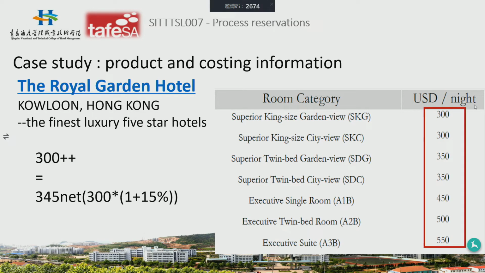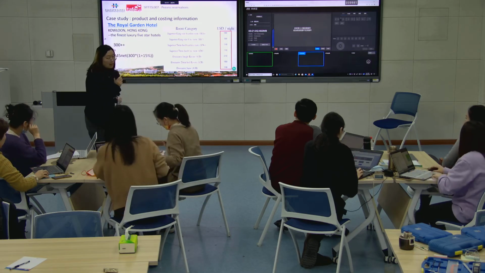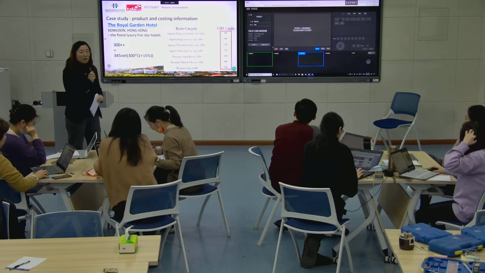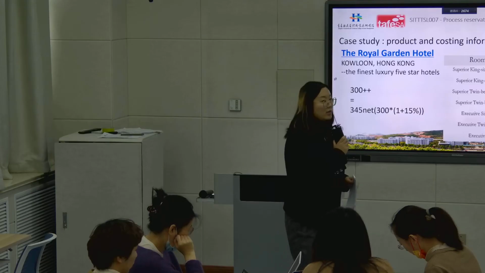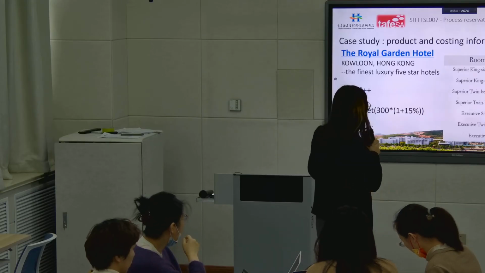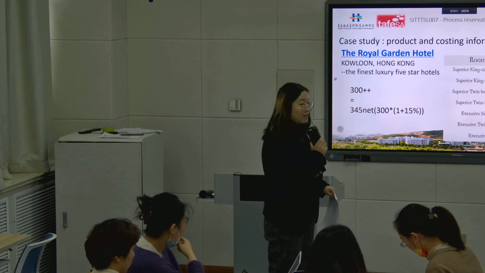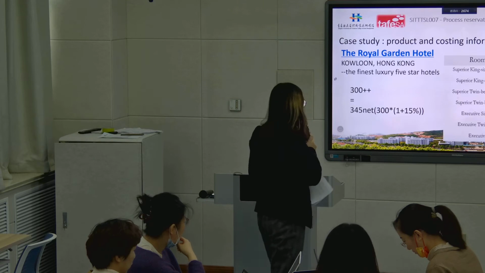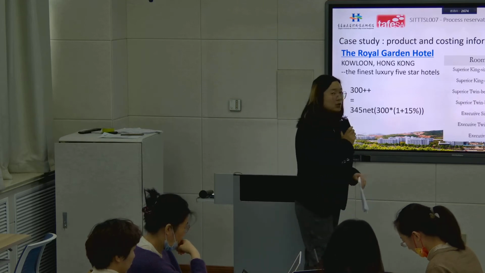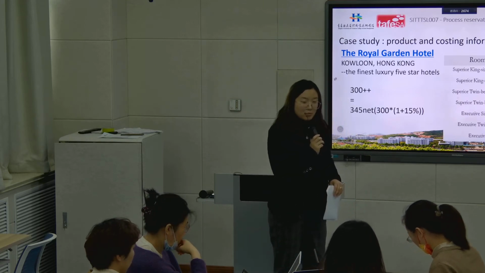Let's talk about the room rate, the price. Okay, back to the case study. We have a question with low correction rate, right? So you can say it in this part. There are two types of expressions of the room rate.